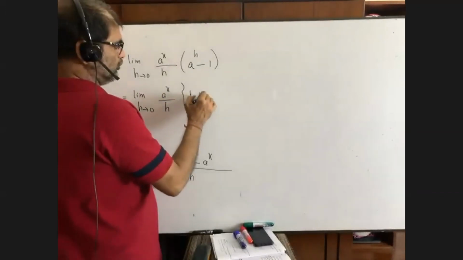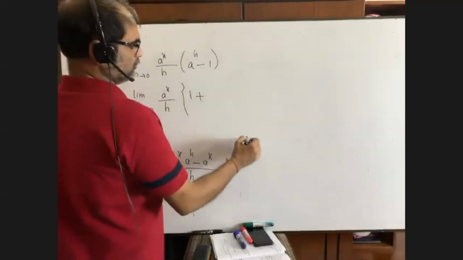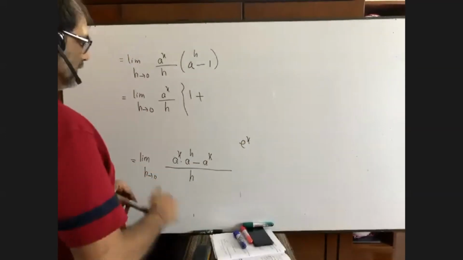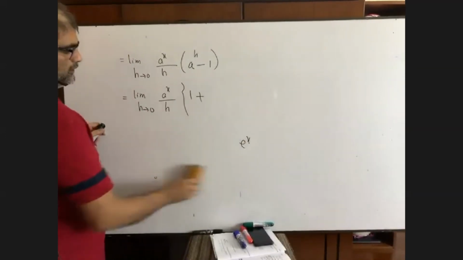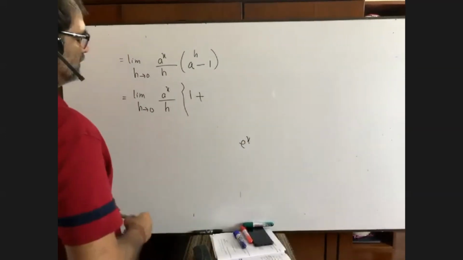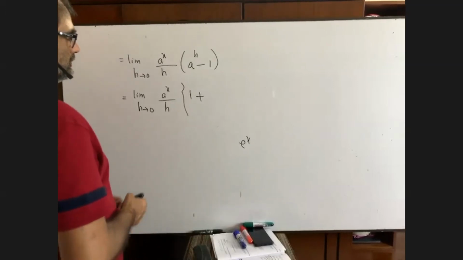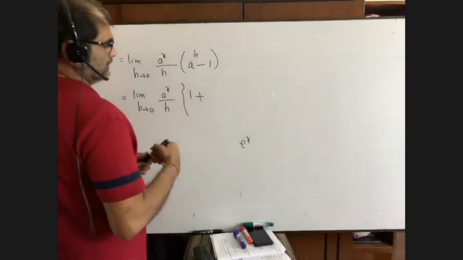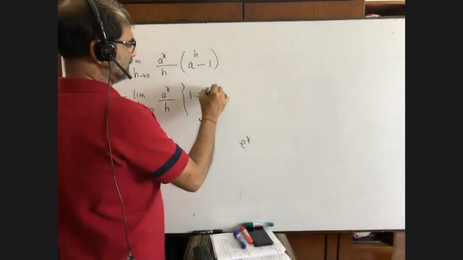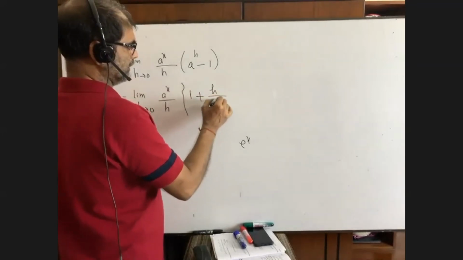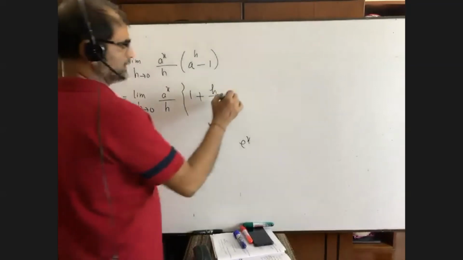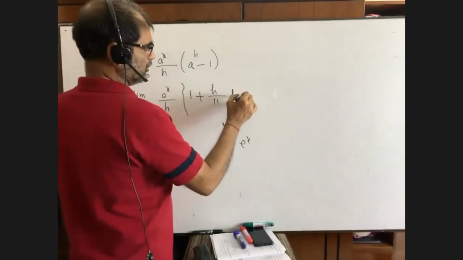What was it for e to the power x? 1 plus h by 1 factorial plus h square by 2 factorial. It was right, but only ln a will be added.